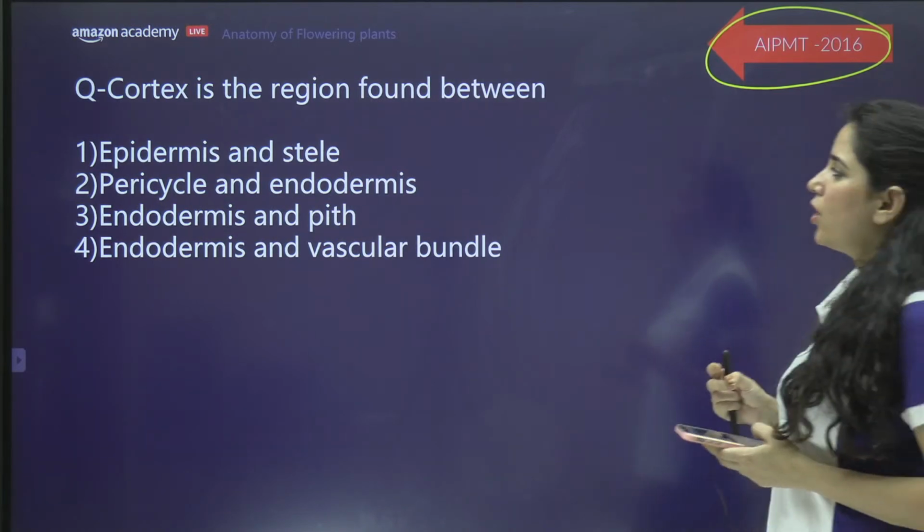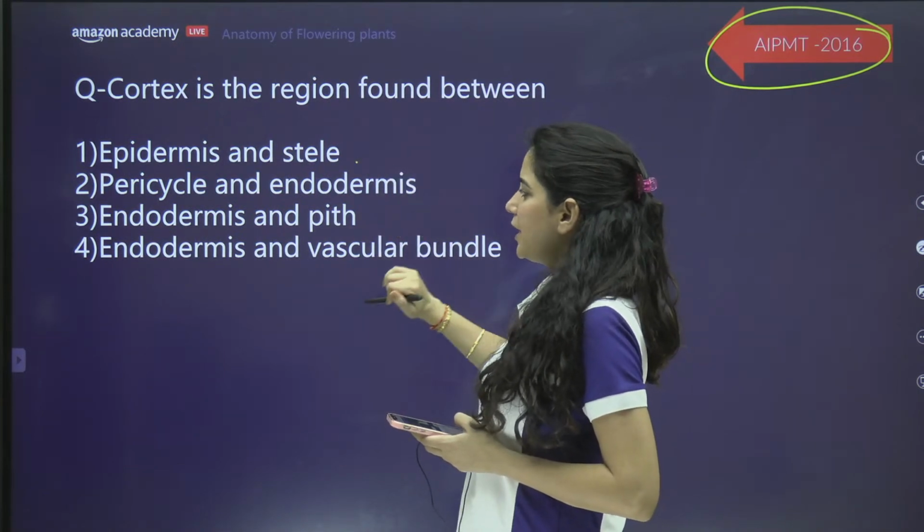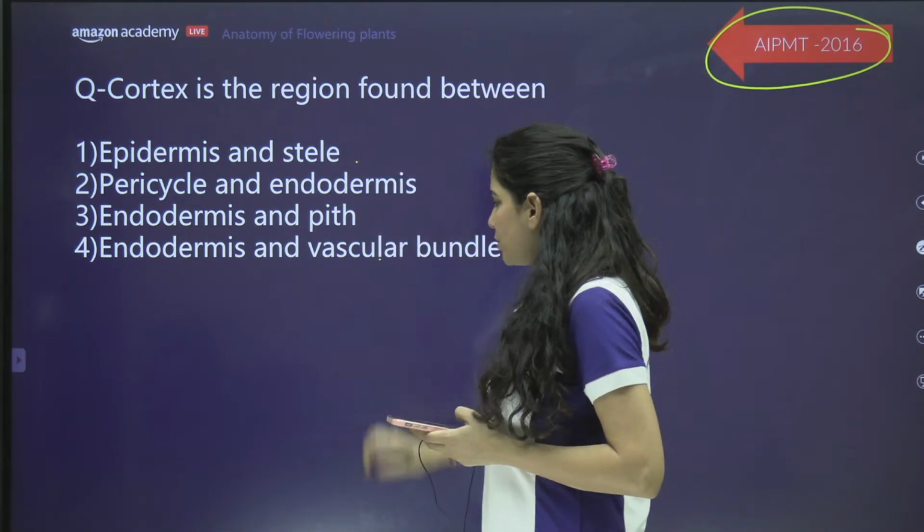What will be the answer? Cortex is a region found between epidermis and stem, pericycle and endodermis, endodermis and pith, endodermis and vascular.